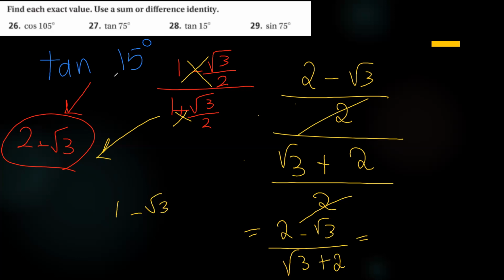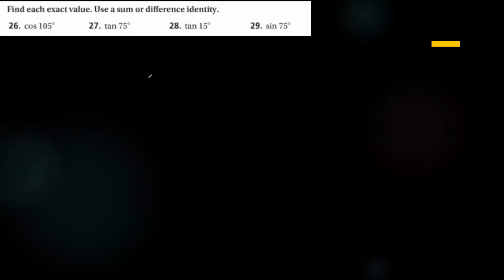Just a second, but tan of 30, this was square root of 3 over 2 or 1 or square root of 3. I want to remember it here. I think there's something wrong here.